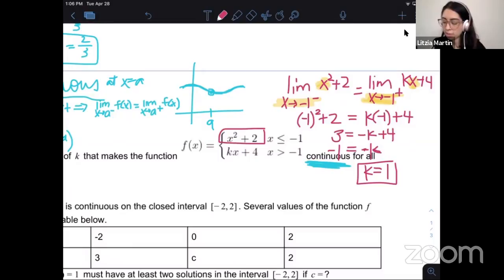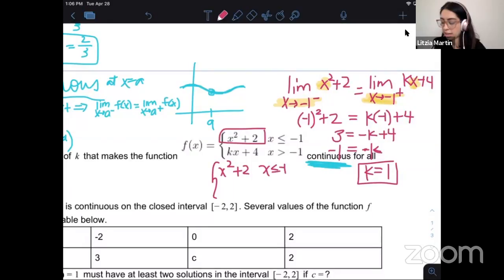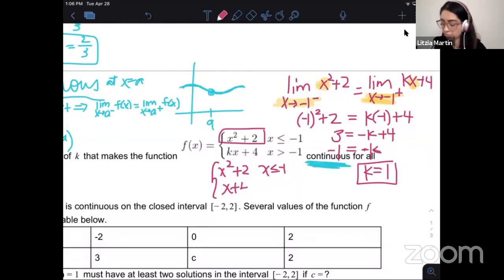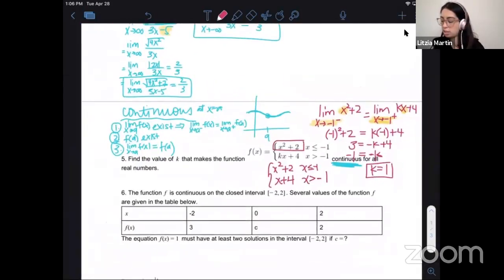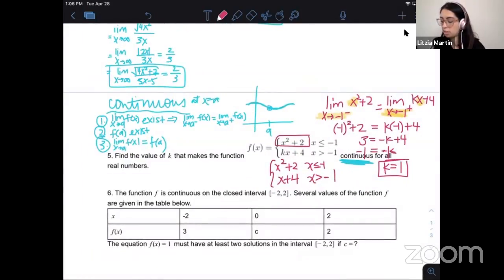Technically that would mean the function has to be x squared plus 2 and x plus 4. And obviously the problem isn't asking you to rewrite the equation, it just wants you to find the k value, but there you go, that's the k value.